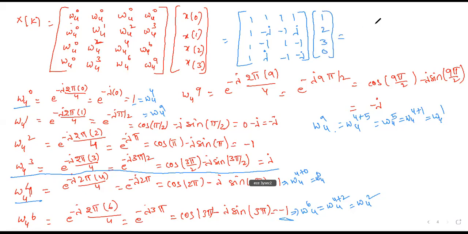Let us multiply these things. 1 plus 2 plus 3 plus 0. 1 minus 2j minus 3 plus 0. 1 minus 2 plus 3 minus 0. 1 plus 2j minus 3 plus 0.